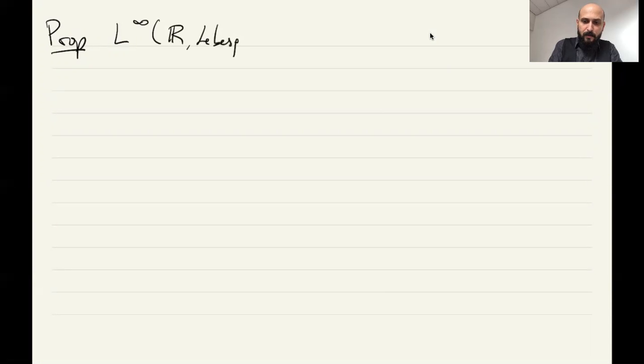Let's make it a new page. Proposition: L infinity of R with the Lebesgue measure is not separable. And the proof is the following.